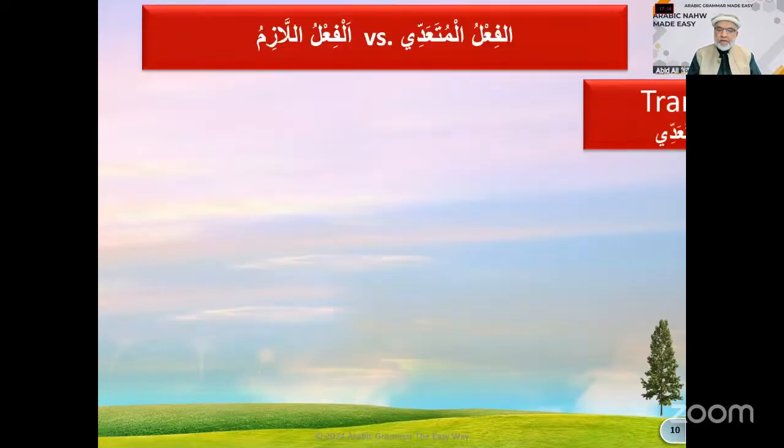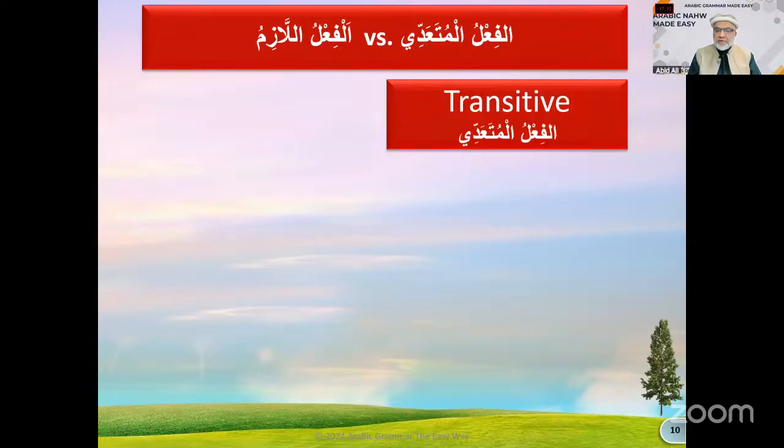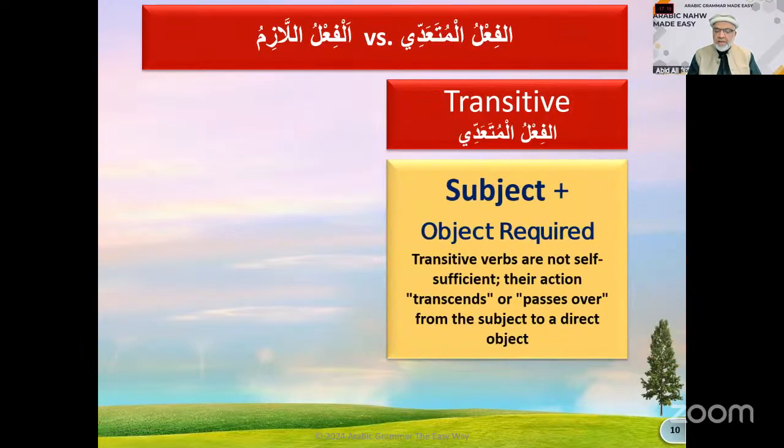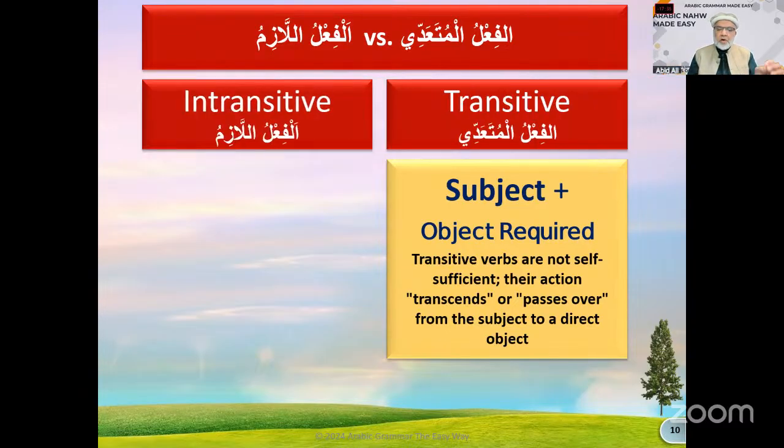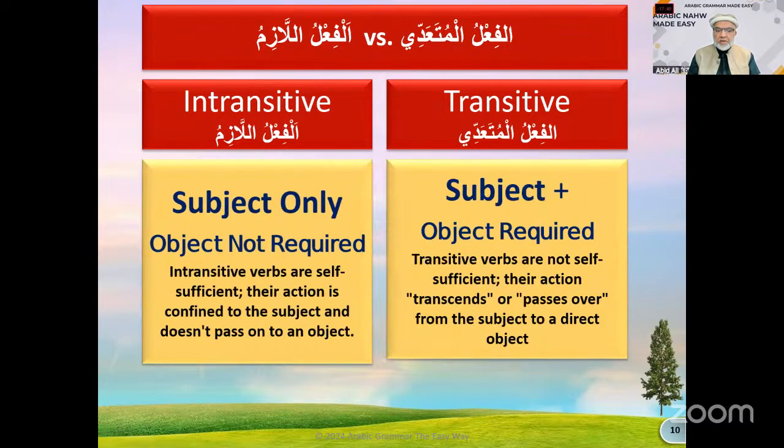To make it easy for you, transitive Fe'lul Muta'addi needs a subject, and an object is required. Transitive verbs are not self-sufficient; their action transcends or passes over from the subject to a direct object. On the other hand, the intransitive Fe'lul Lazim is subject only, object not required.